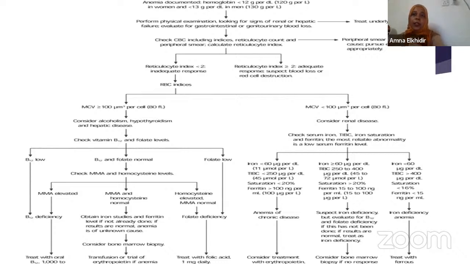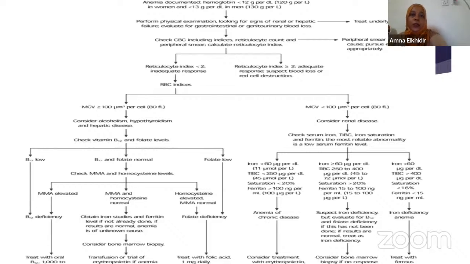Usually peripheral smears can suggest the cause. Like in hereditary spherocytosis, we find spherocytes in the peripheral blood film. When we have teardrop RBCs, this usually suggests bone marrow failure. Also, we can find sickle cells in sickle cell anemia. Then we look at the reticulocyte index.